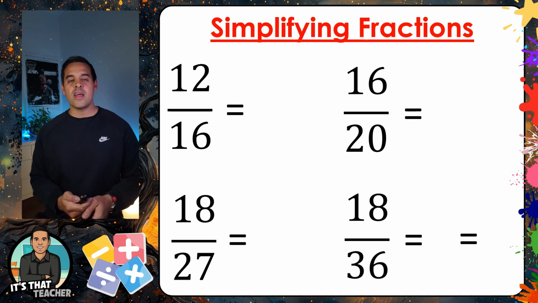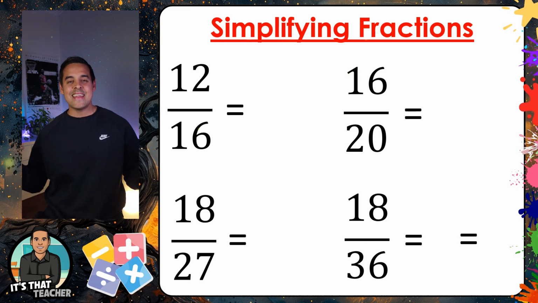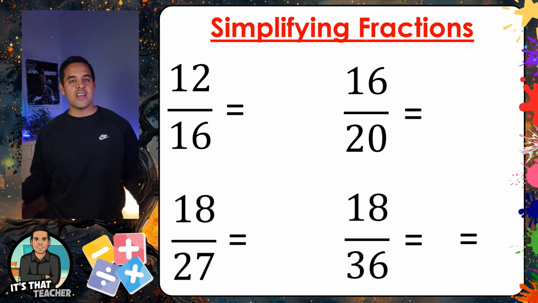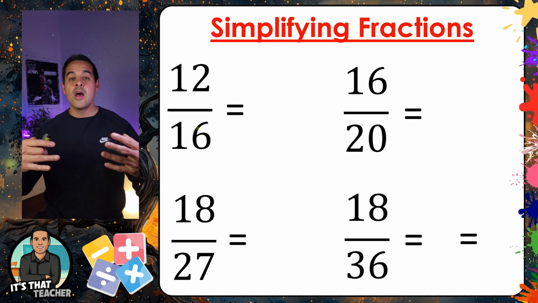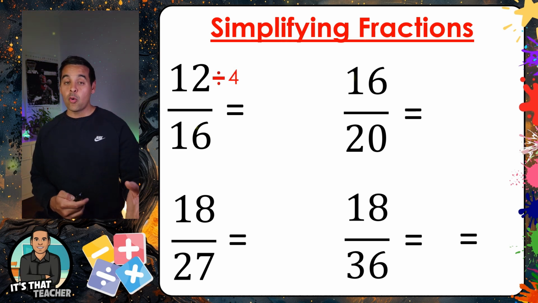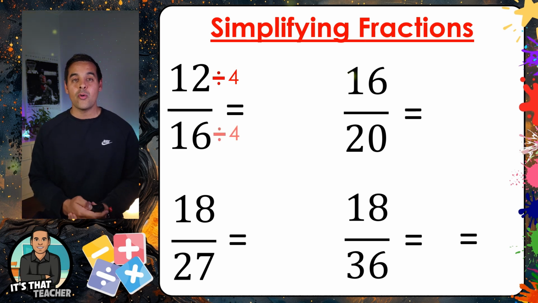I'm going to demonstrate what to do 4 more times to consolidate this understanding and learning of simplifying larger fractions. The first fraction we have is 12 over 16. The highest common factor here is going to be 4. So what number can be divided into both numbers? That is going to be 4.